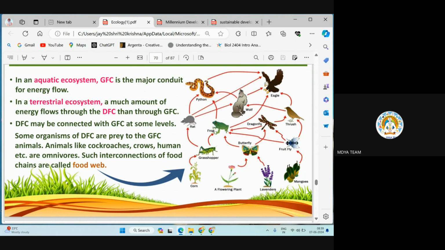Now the frog will be food for snake also and some bird also. Similarly, dragonfly will be food for frog also and any bird also. So all the food chains are merged into one another in an ecosystem, and this is known as food web. Interconnection of food chains is known as food web.